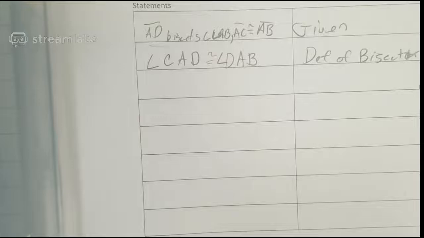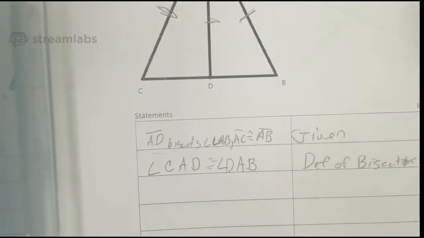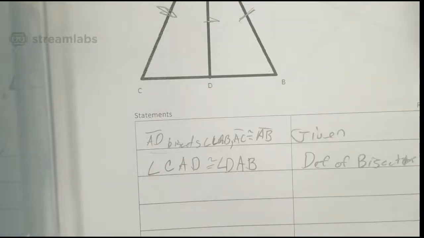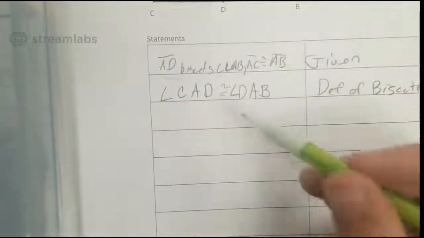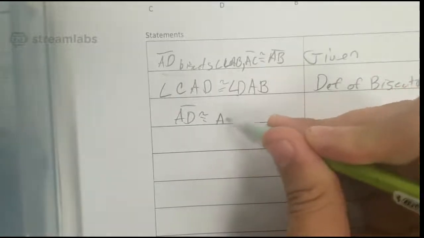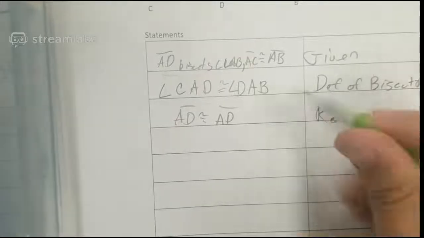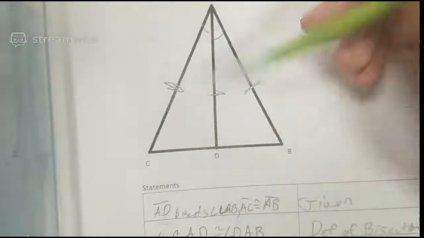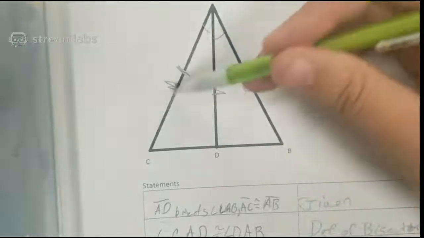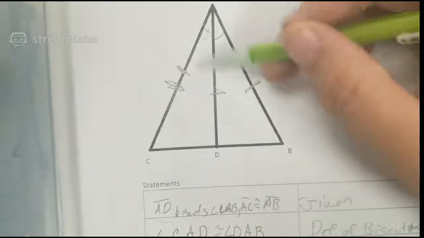We found a side, and we know these two sides are equal to each other. We know these two sides are equal to each other. Because of that, we set AD congruent to AD for the easiest reason: it's reflexive. After that, we have our triangle with tick marks, sides with the angle touching both sides.